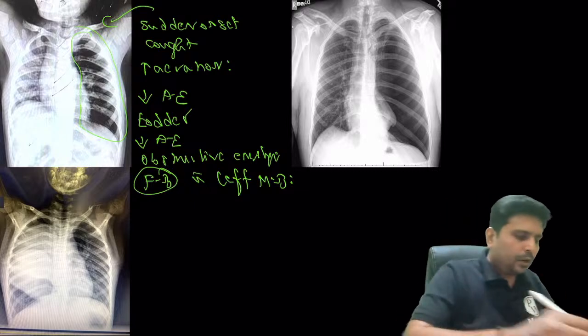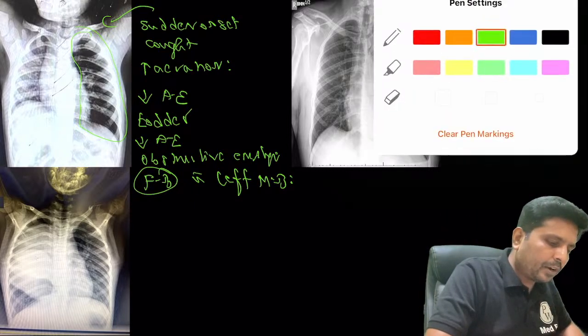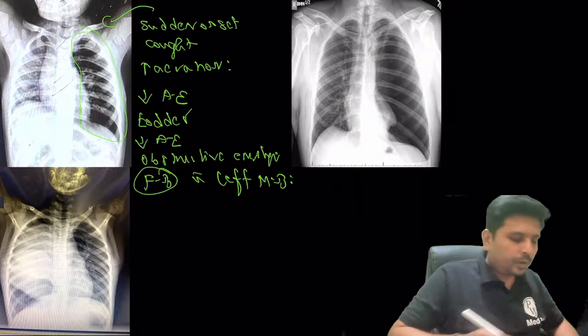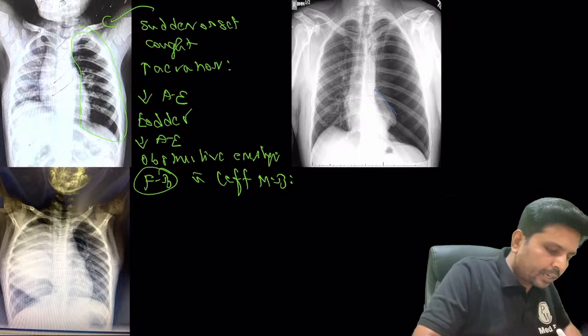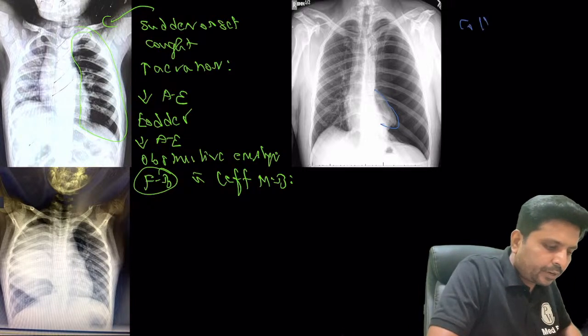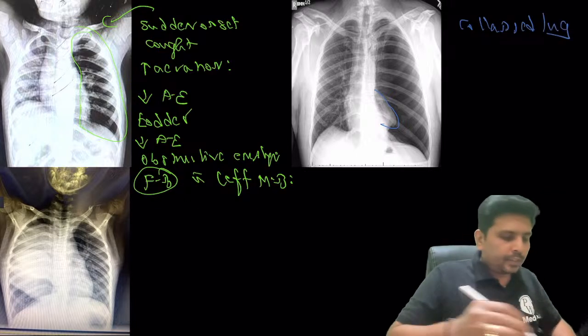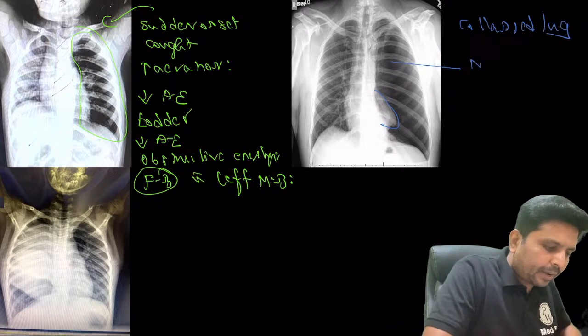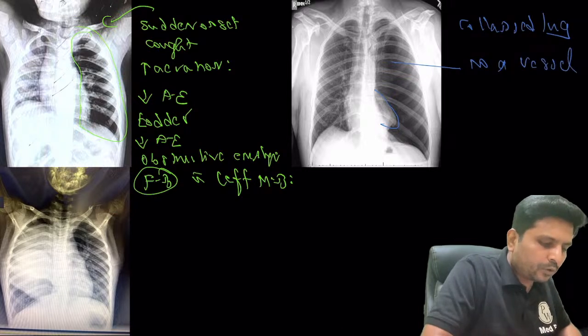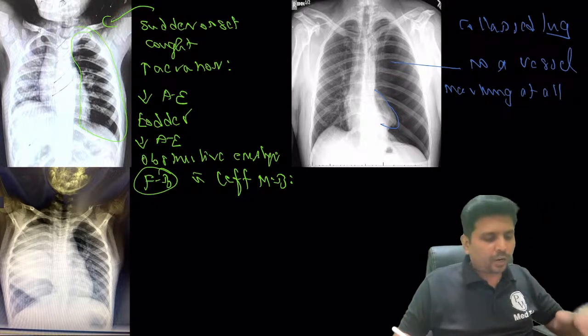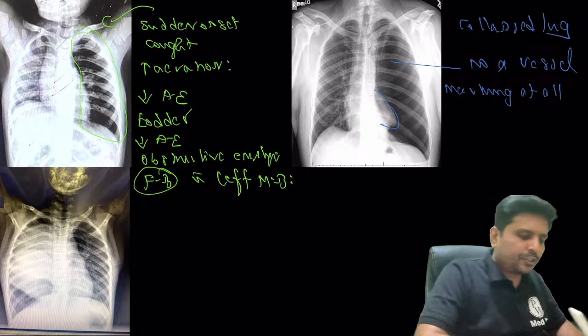What is this X-ray meant for? Look at this X-ray. The lung is totally collapsed. I could see the collapsed lung. There is no airway, no vessel marking at all. Collapsed lung, what is this?